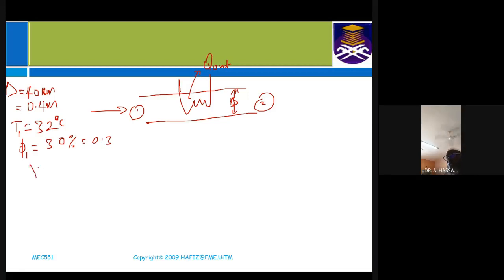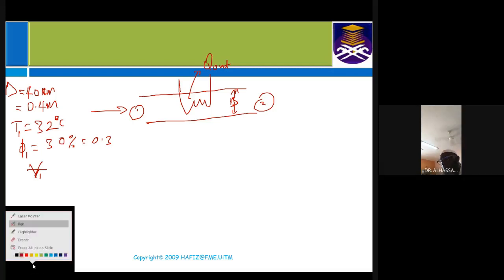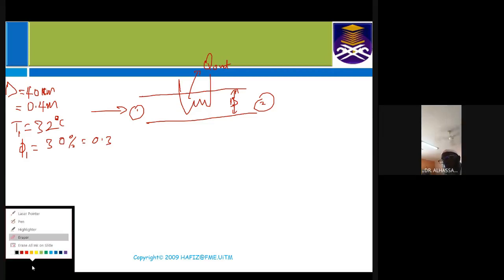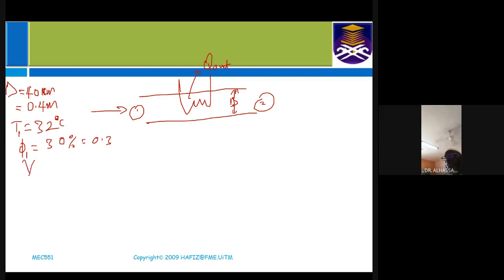And then the velocity V1 equals 8 meters per second.